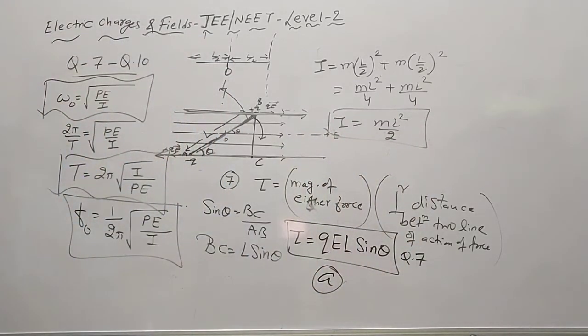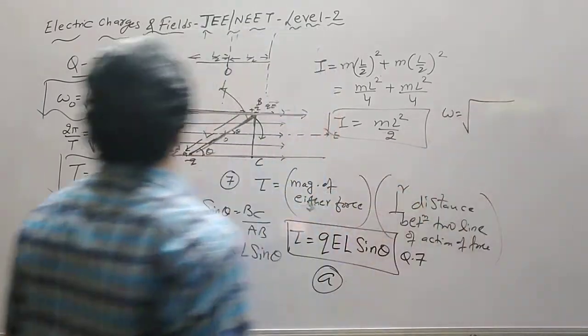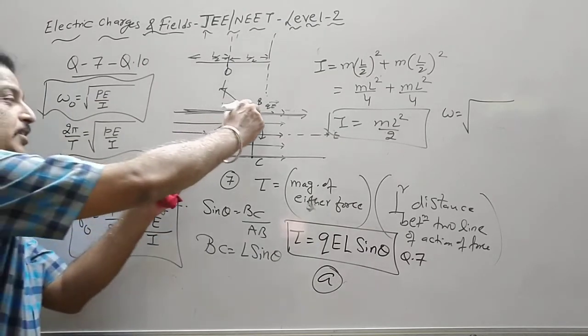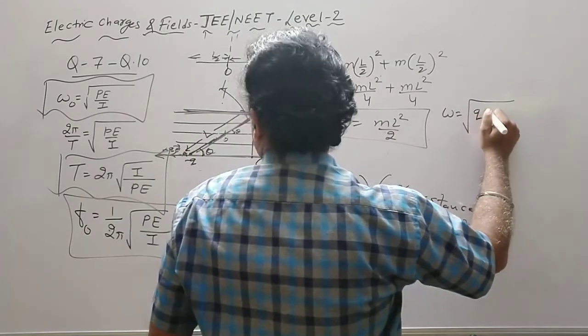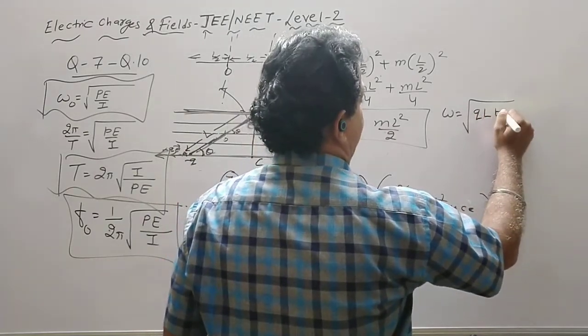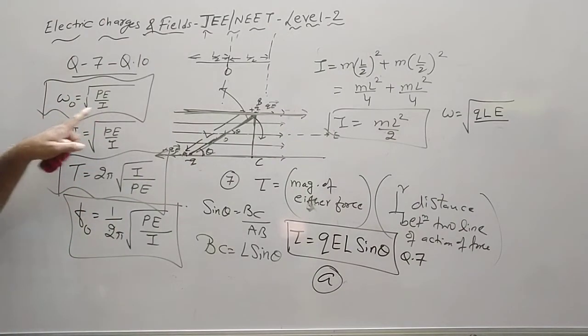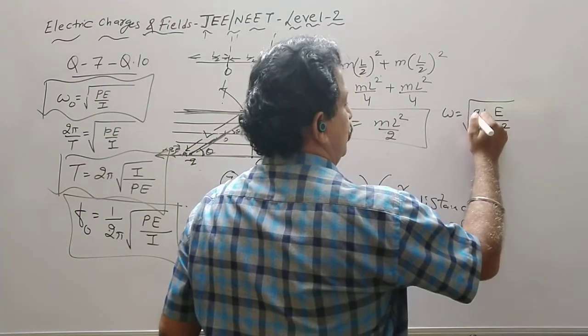Now we have to simply substitute in question number 8, we have to find out omega. So omega can be written as under root dipole moment. So dipole moment is Q into the distance between the two charges. So I write QLE, and in the place of moment of inertia I write ml square by 2.